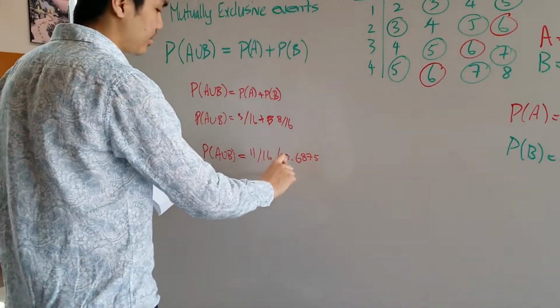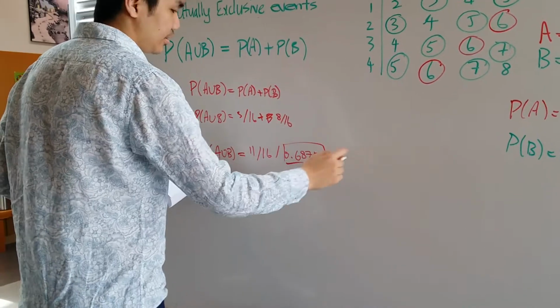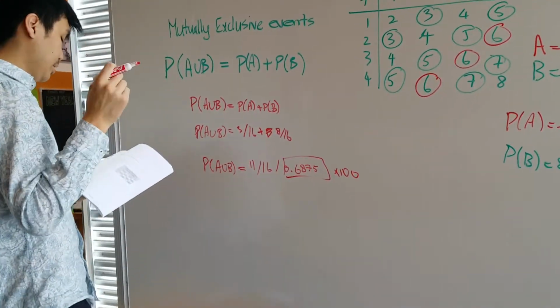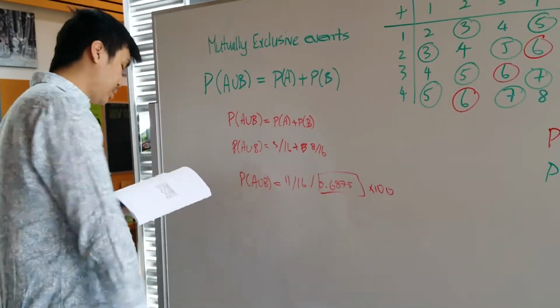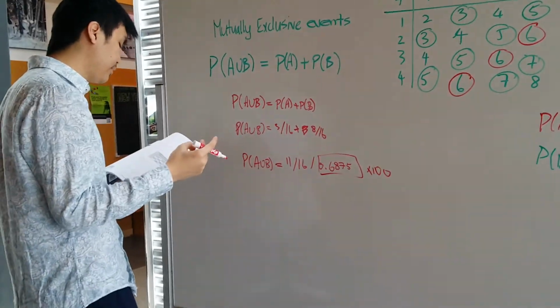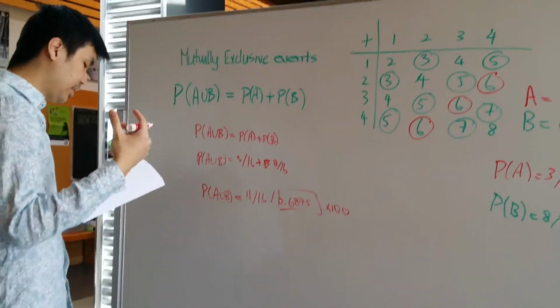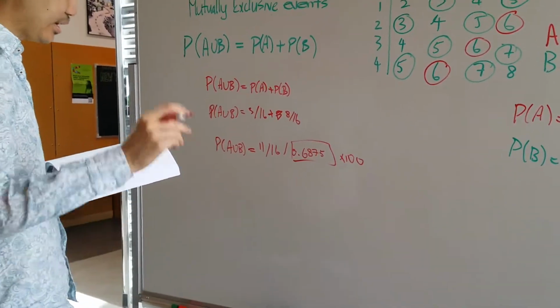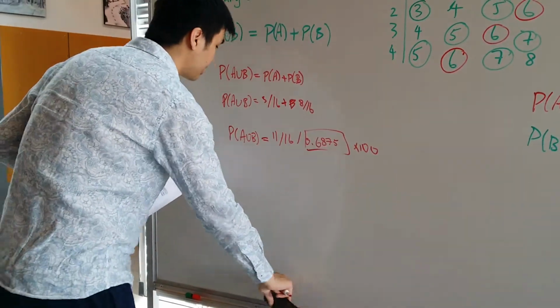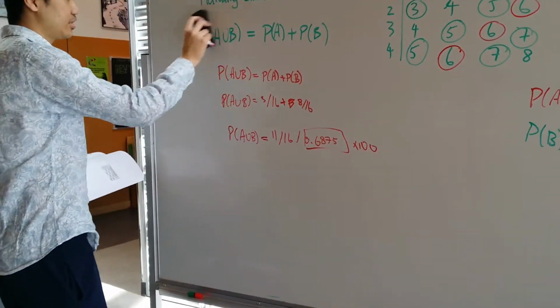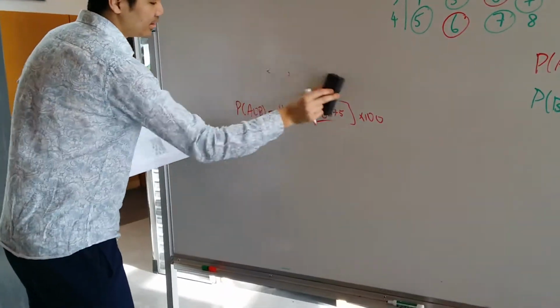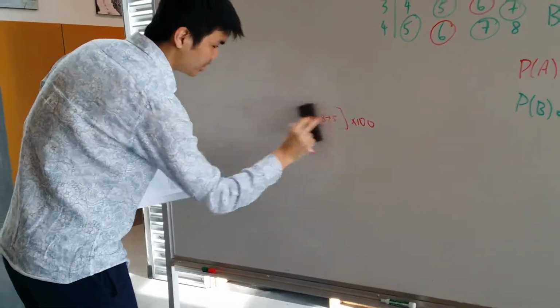When you try to find a percentage from a decimal, just multiply it by 100. So the answer to this question is Jennifer has a 68.75% chance of rolling a sum that's either a 6 or an odd number. Right? And we'll do another example for you guys to refresh on the new concept that we learned in this class.